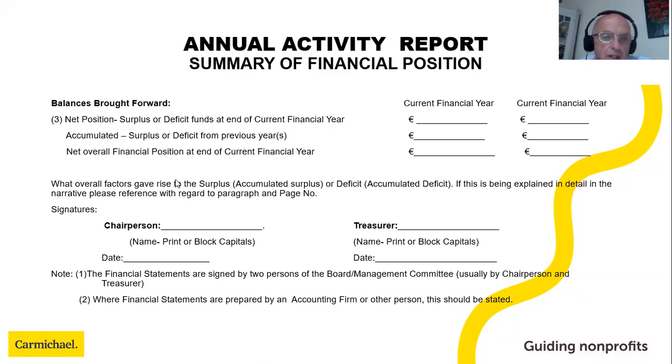What overall factors gave rise to the surplus? Again, are the accumulated surplus or the accumulated deficit being explained in detail in the narrative? Please reference a paragraph and the page number. If you have provided a narrative in relation to all this, then please also reference the page number in the annual report where that narrative may be found.